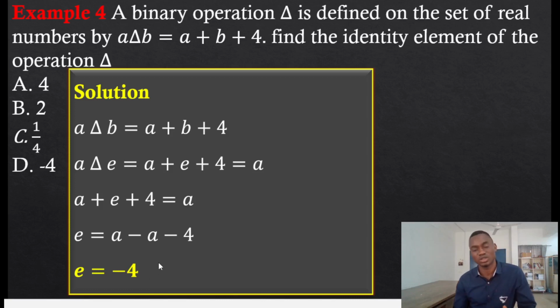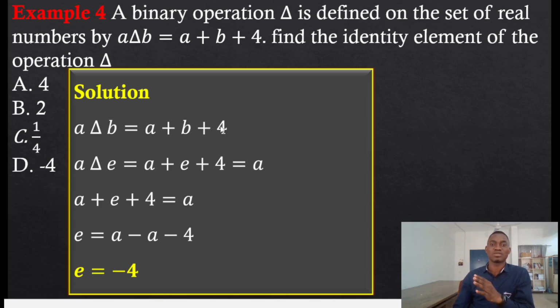It is always easy. Just know that your B, the second element, will always be replaced with E, which is the identity element. Then you always equate with the first element. It is just so simple, not difficult at all. This is the whole idea of identity element.